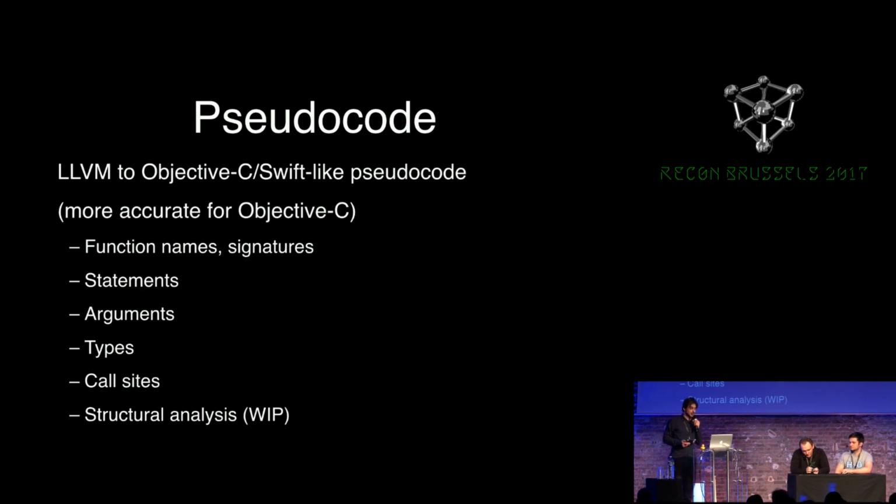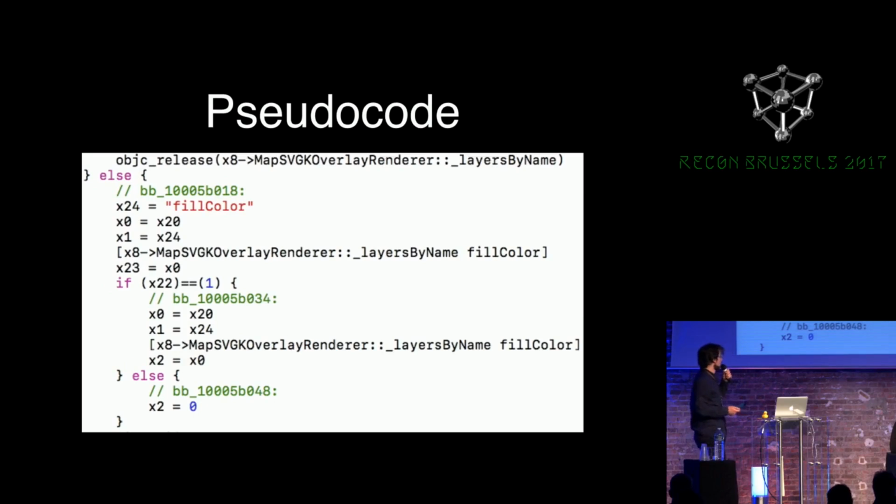But for now, we are extracting all the information we can get from binary code: function names, signatures, call sites, arguments, types, statements, etc. We are improving structural analysis, which includes precise recovery of loops and if-else statements. It will make this tool much closer to a decompiler.